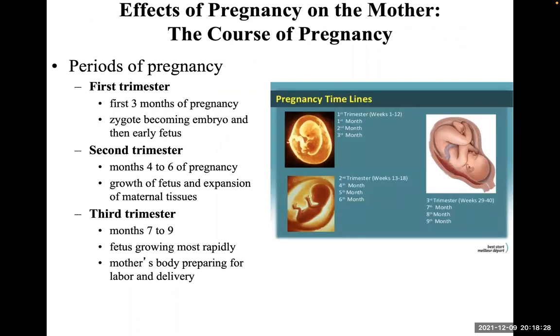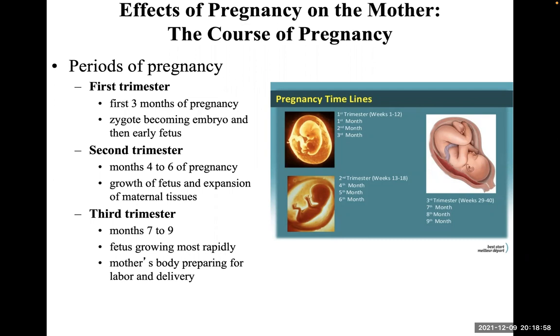Trimesters. As I was just mentioning, pregnancy is broken into trimesters. We have the first 3 months, the second 3 months, months 4, 5, and 6, and then months 7, 8, and 9 in the third trimester. The first trimester is really marked by this incredible differentiation that occurs in what was the blastocyst and then became the embryo, and then organogenesis, all the way up to the fetal period.